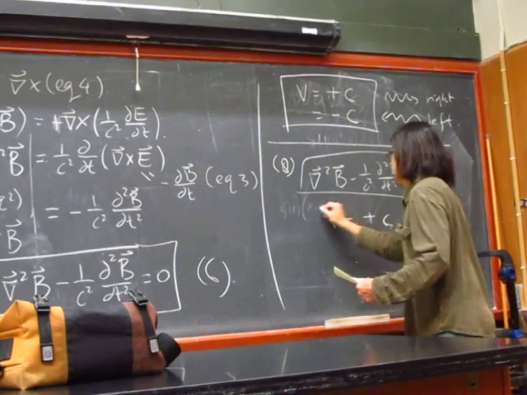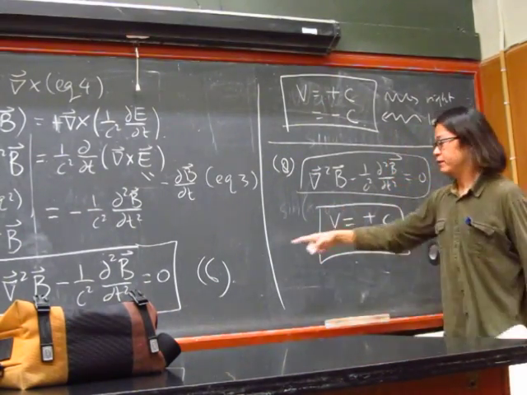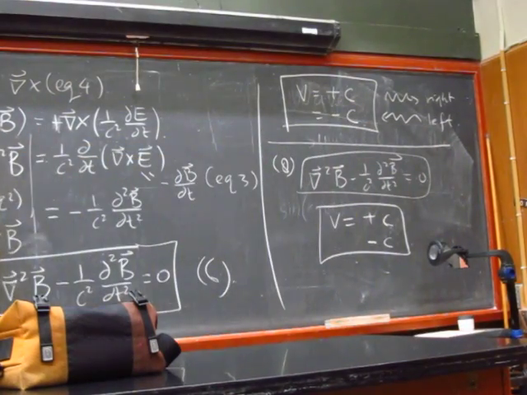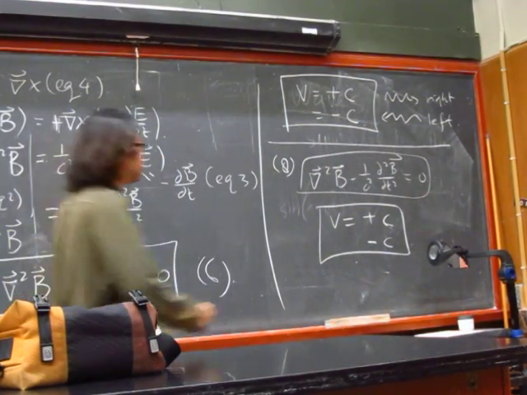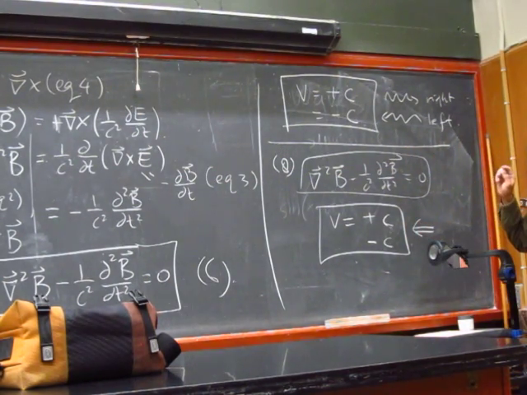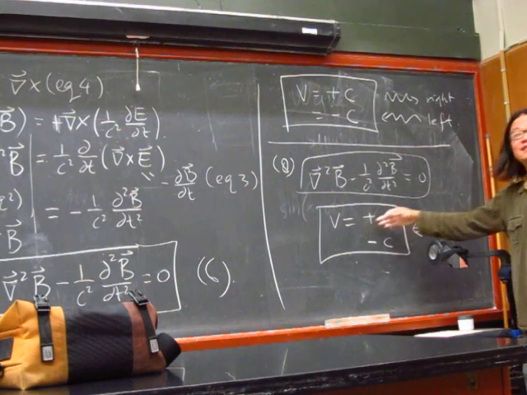So you learn nothing new, except that the wave satisfies this equation with the same relation. Just bear with me, we're almost there. So at least we now know the velocity is the speed of light.